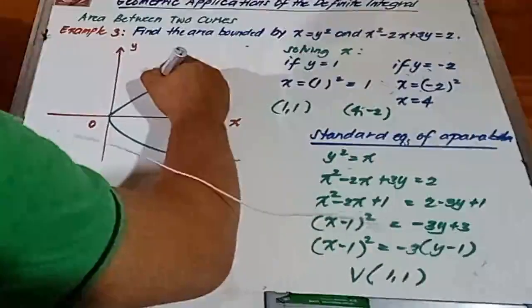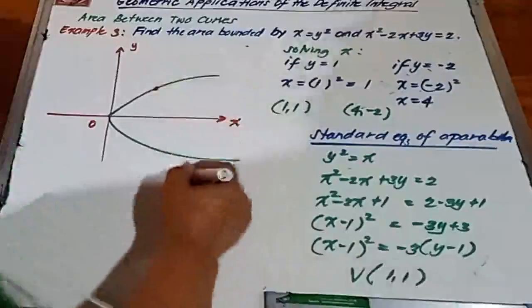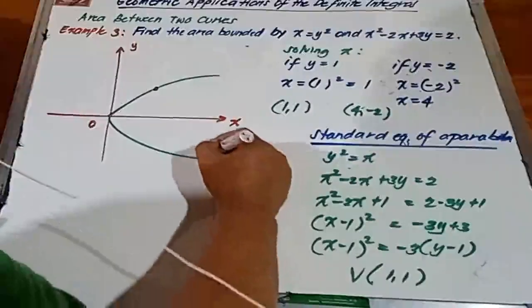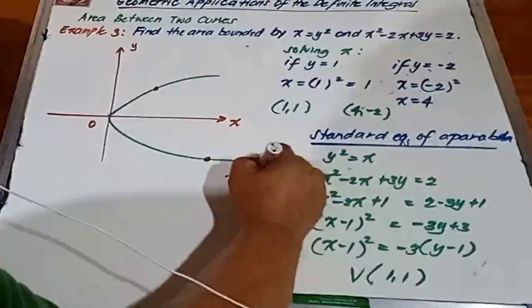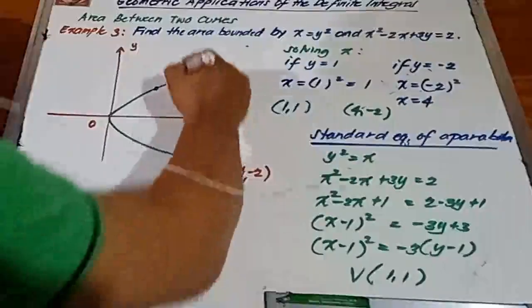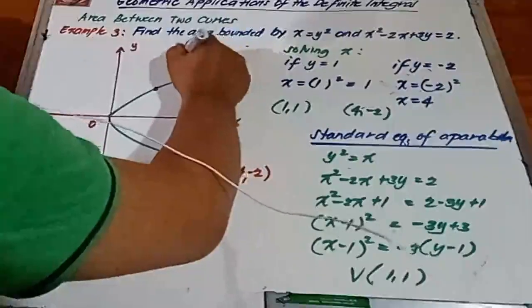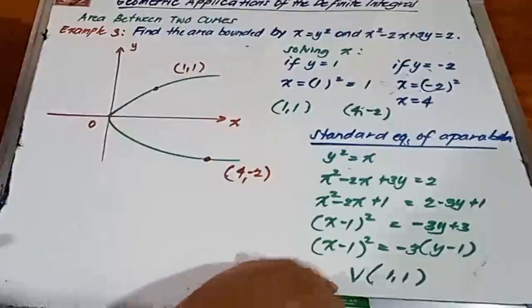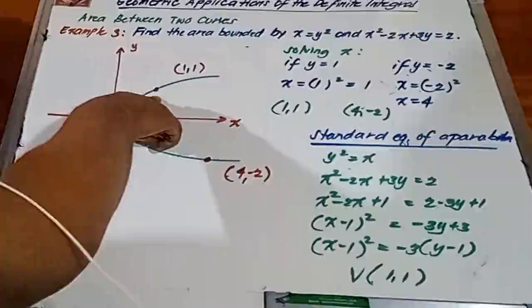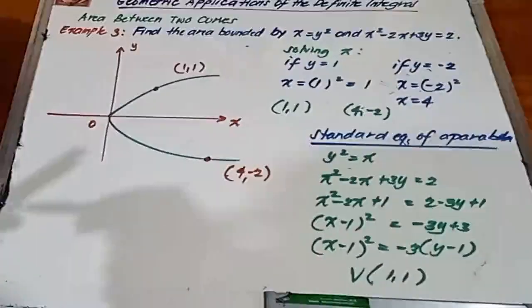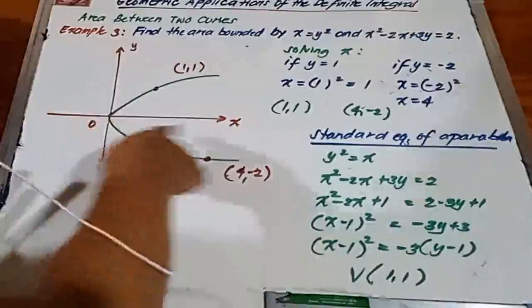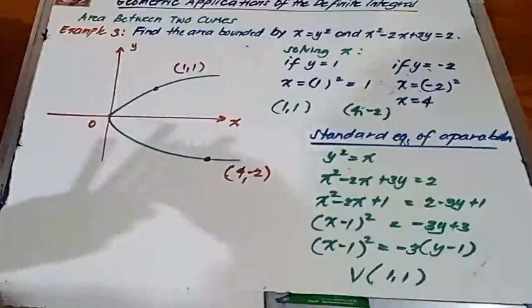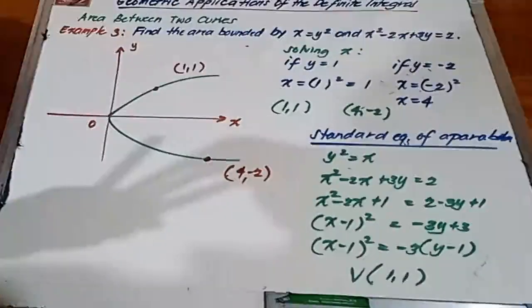Kasi ito yung 1, 1. Ito yung, let's say, this is 4, negative 2. Okay? 4, negative 2. Ito yung 1, 1. By the way, yung ating vertex ng isang parabola, tatama rin dito. Isa sa point of intersection yan. So, ibig sabihin, pag ganito siya. 1, 1, 4, negative 2. So, ito siya.